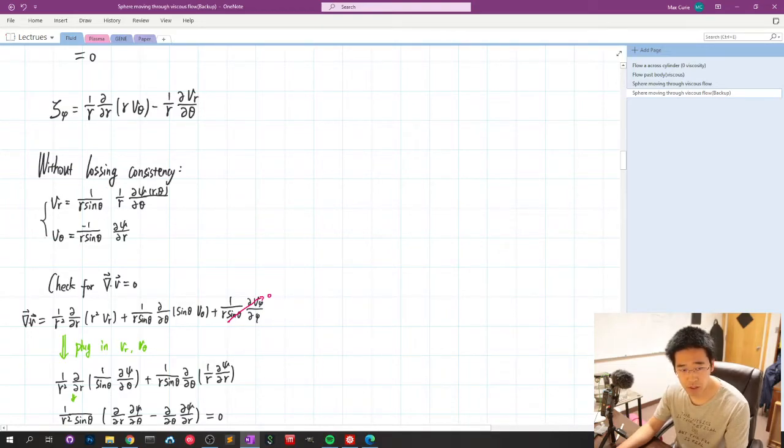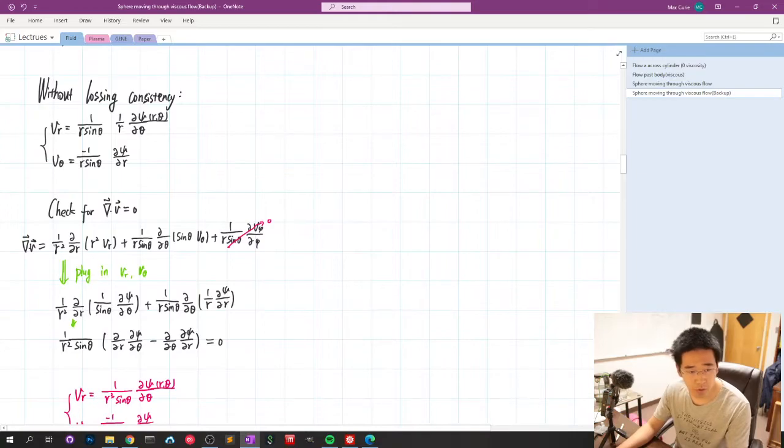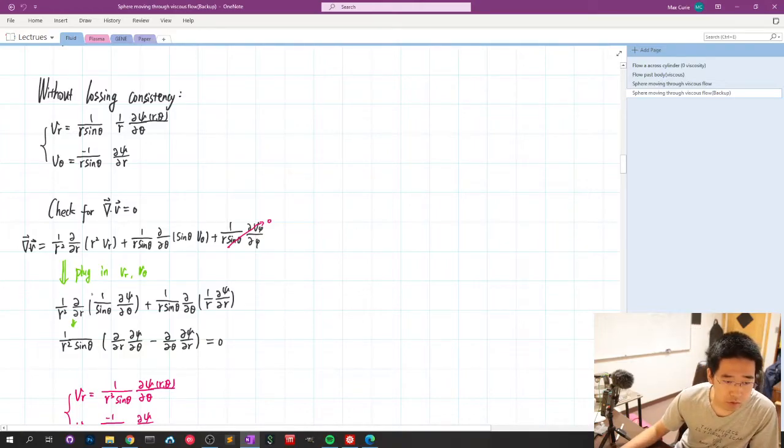You can tell this is the derivative with respect to theta, and this is the derivative with respect to r in spherical coordinates. And we just plug those expressions into the divergence of v.